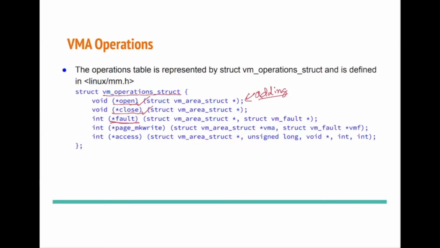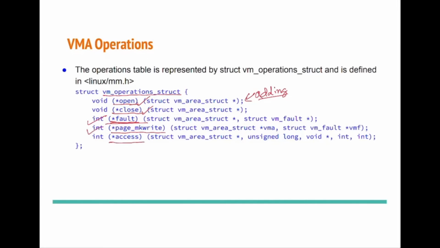And this is the function that will be called when we are accessing an address space or virtual memory area that is not permitted, that does not have the permission to access. At that time, the fault function will be called. And this function page underscore mkwrite will be called when we have a page that was only readable and now we are making it writable. At that time, this function will be called.